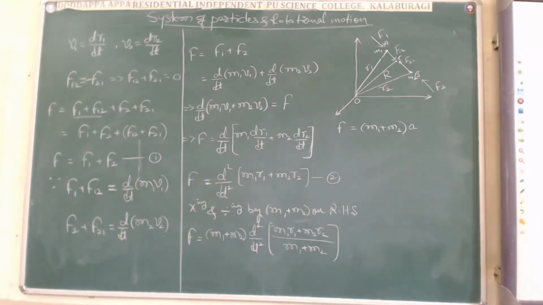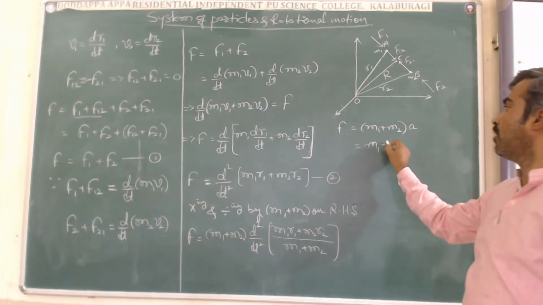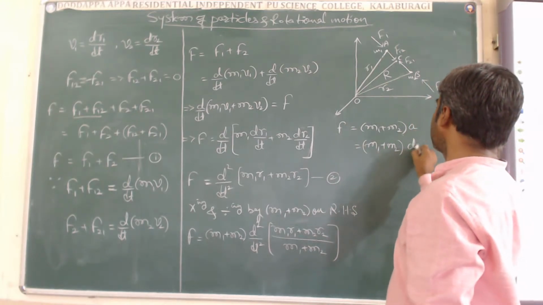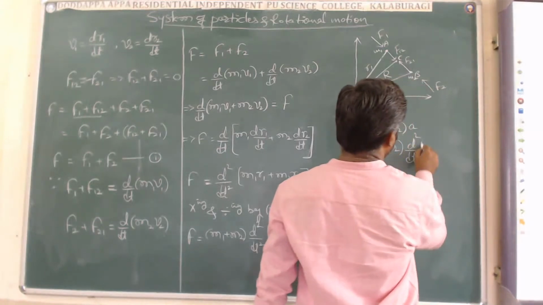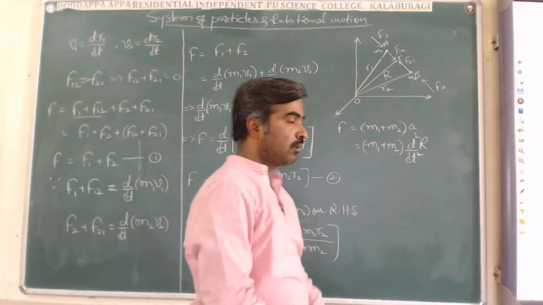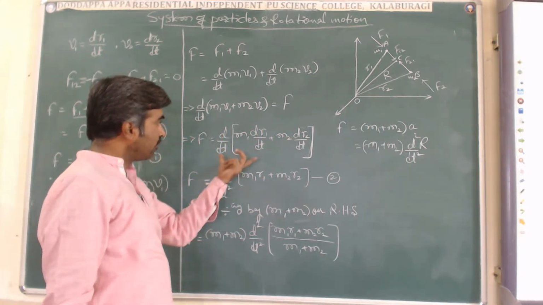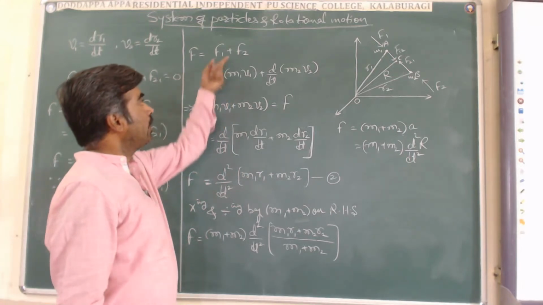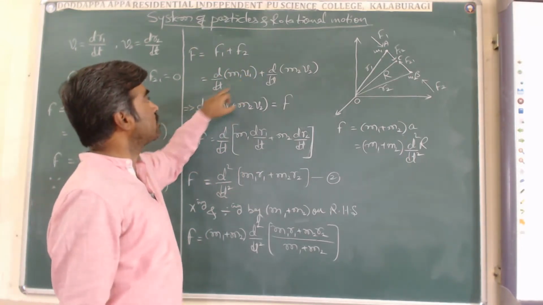Here, this mass into acceleration we can rewrite as m1 plus m2 times acceleration. Acceleration is d square by dt square of the position vector, and that position vector is r. The rate of change of velocity is acceleration.